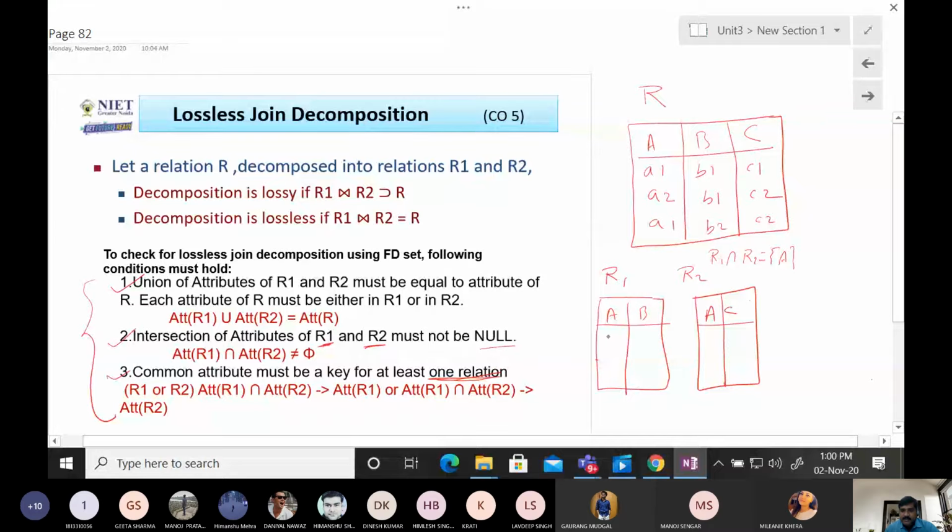So after decomposition, we will store A1 B1, then A2 B1 and then A1 B2, and here A1 C1, A2 C2 and A1 C2. Now let me know whether condition 3 is satisfied or not.